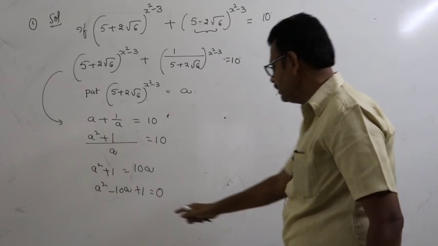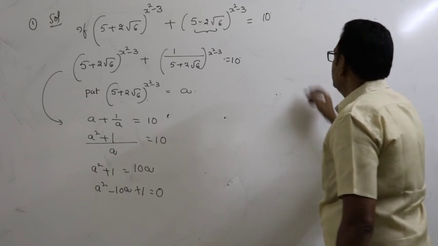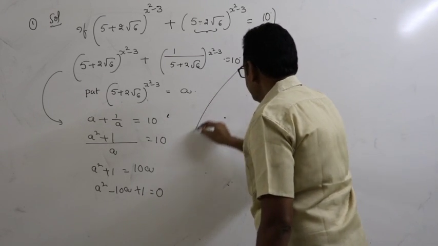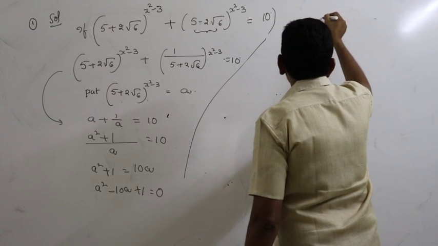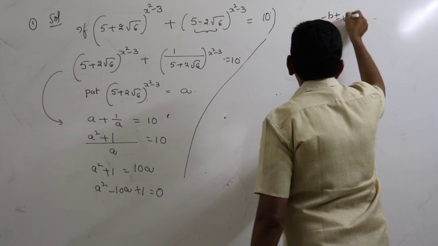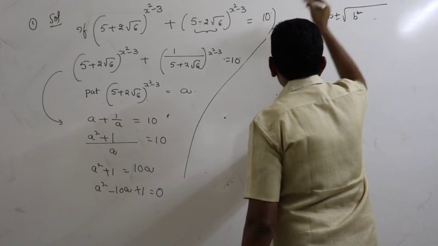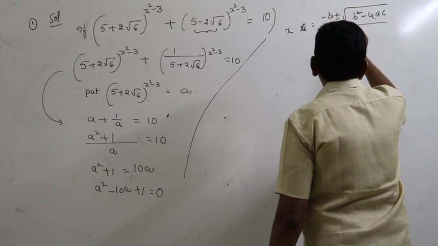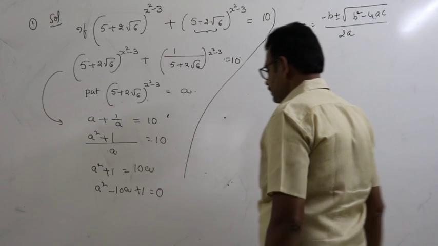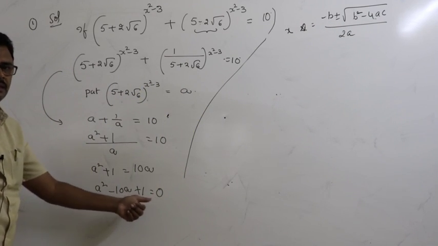Now, this is a quadratic equation in terms of a. Now solve for a. What is the formula? The roots are x equal to minus b plus or minus root of b square minus 4ac, by 2a, for an equation of the form ax square plus bx plus c equal to 0.